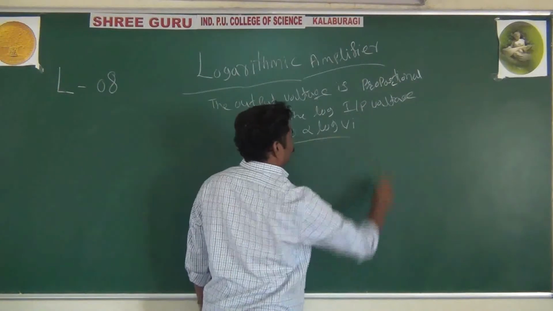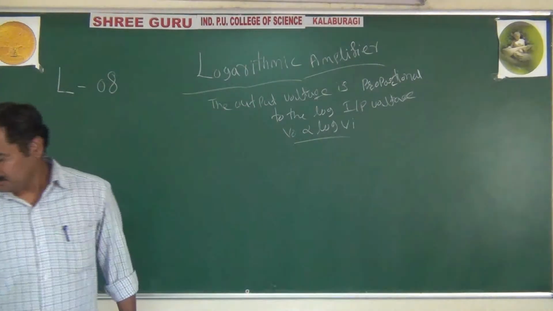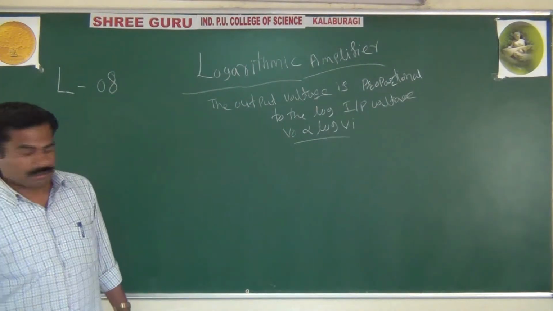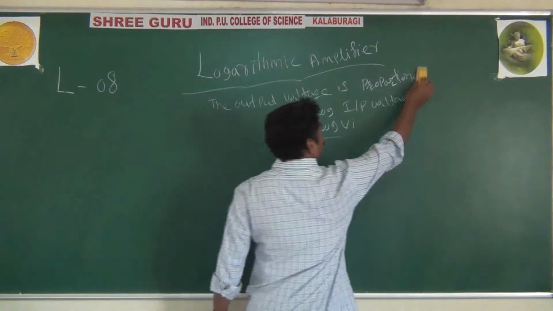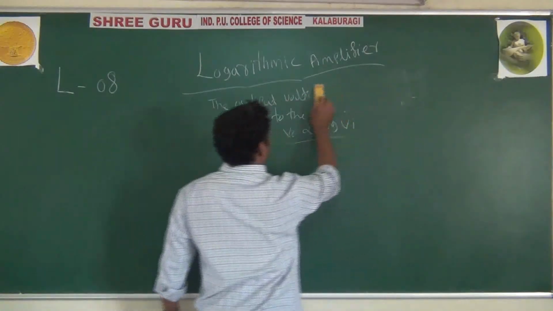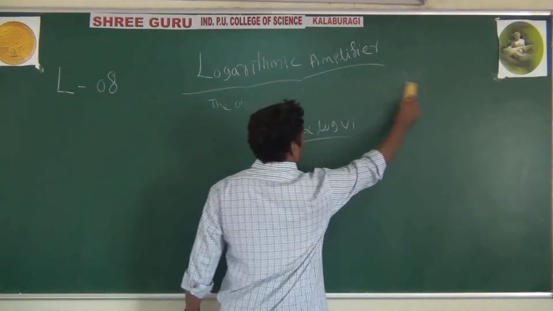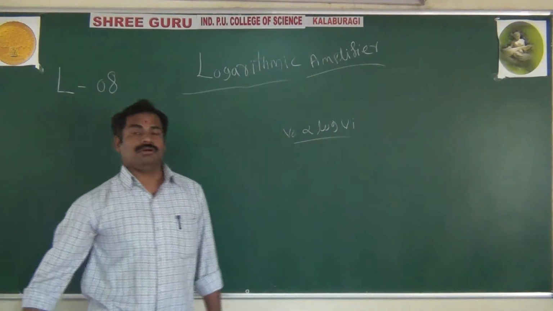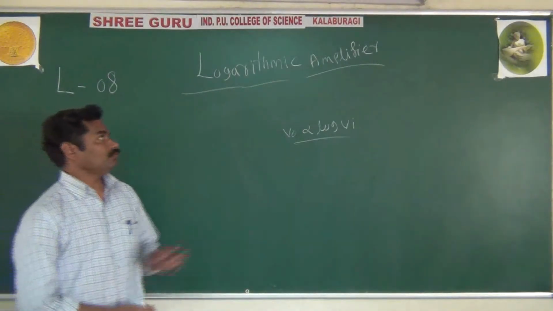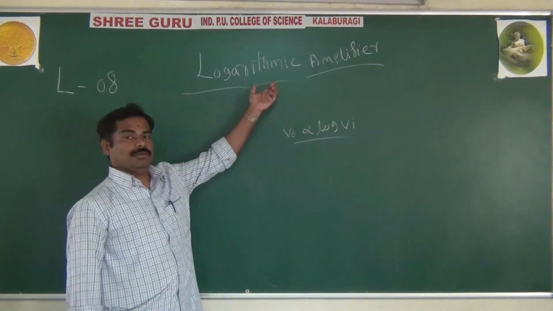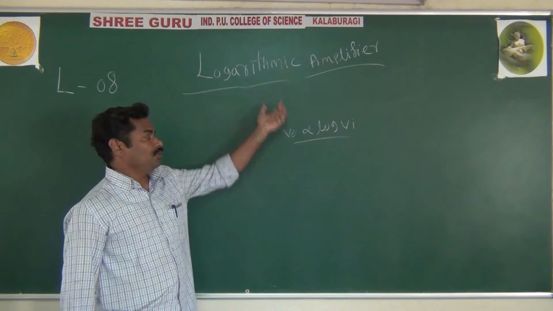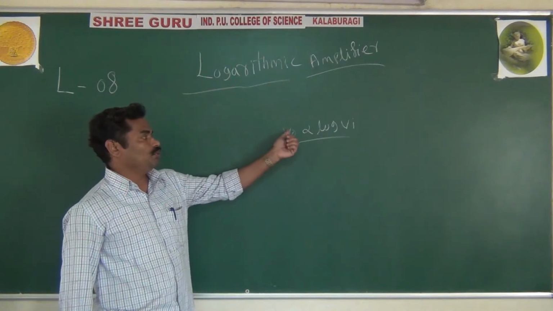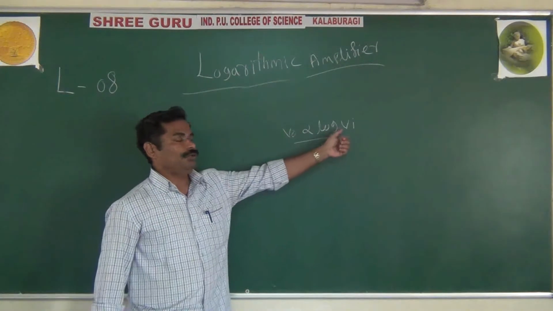This we can derive here. By the definition of the logarithmic amplifier, it is a type of amplifier in which the output voltage is proportional to the log of the input voltage.